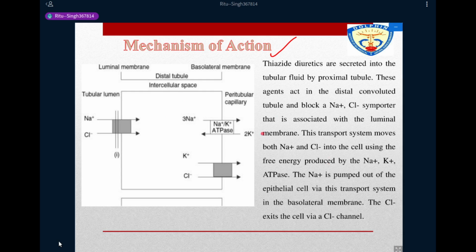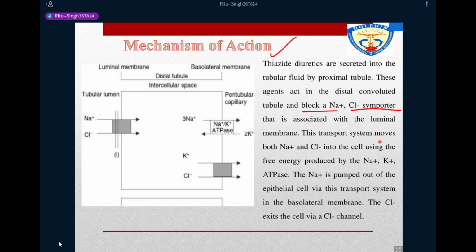So thiazide diuretics act in the distal convoluted tubule and block the sodium ion and chloride ion symporter. This symporter normally moves ions in the same direction, but when the drug acts at this symporter, it blocks sodium ion and chloride ion movement through the luminal membrane of the cell.